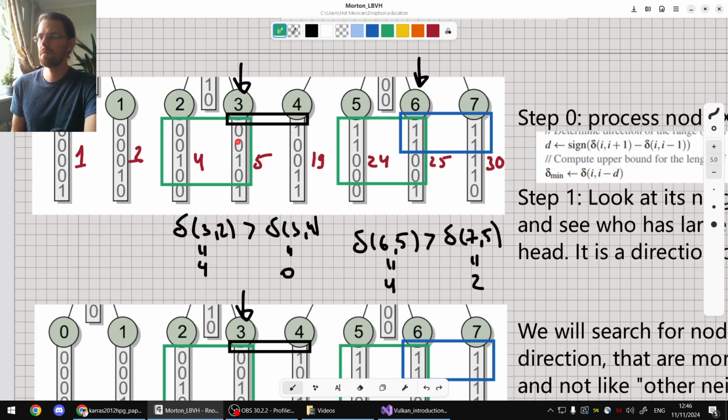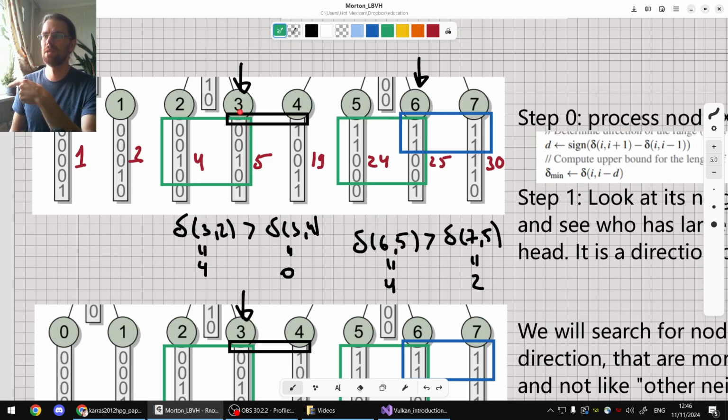Okay, so we compare it to the right node: how alike they are, basically how many bits they share in their head. We will refer to it as the head length.